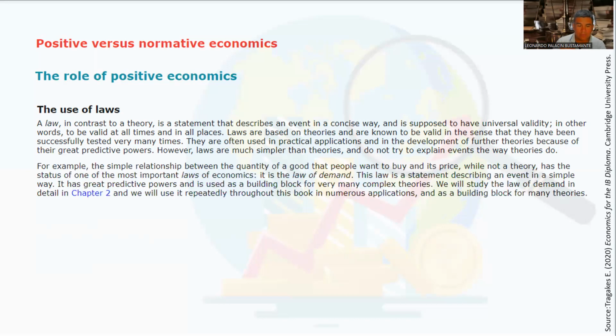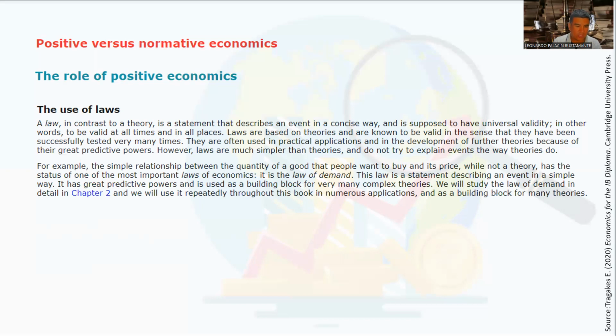For example, the simple relationship between the quantity of a good that people want to buy and its price, while not a theory, has the status of one of the most important laws of economics. It is the law of demand. This law is a statement describing an event in a simple way.